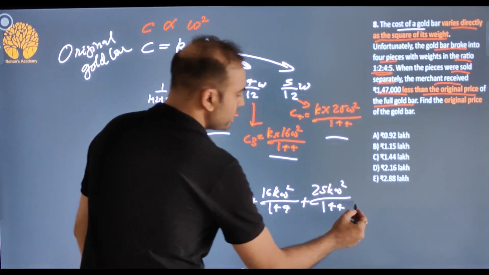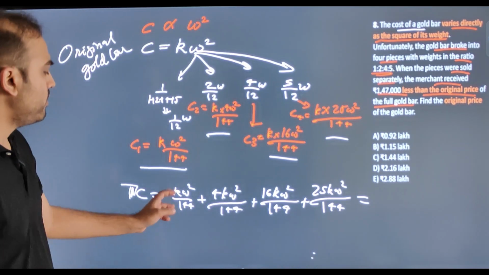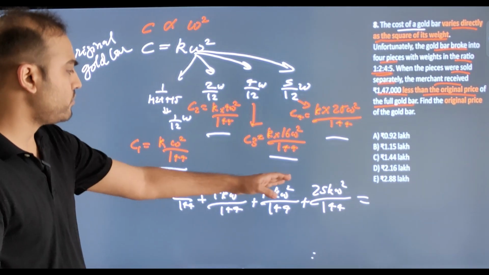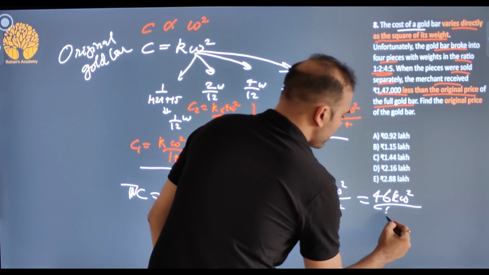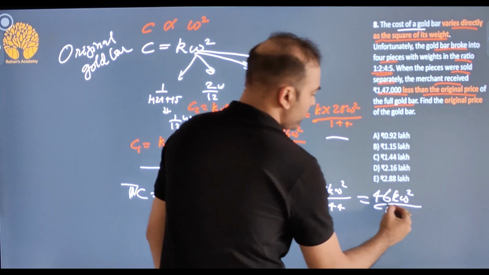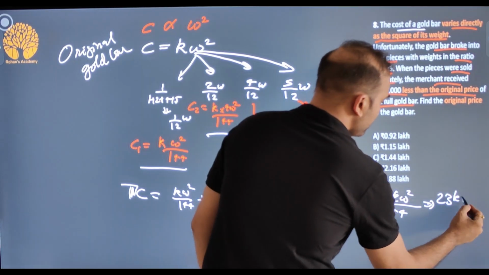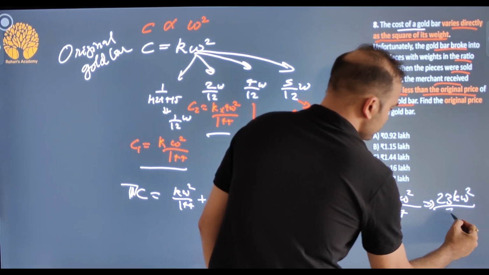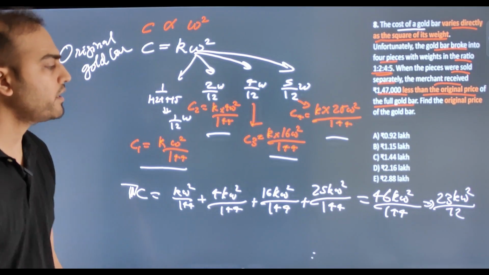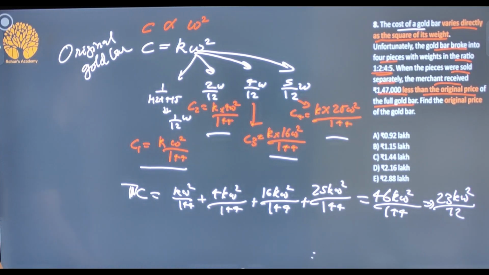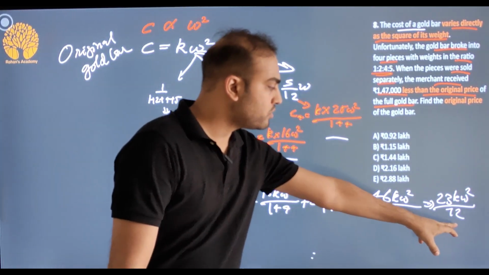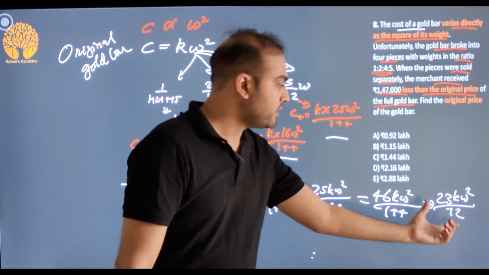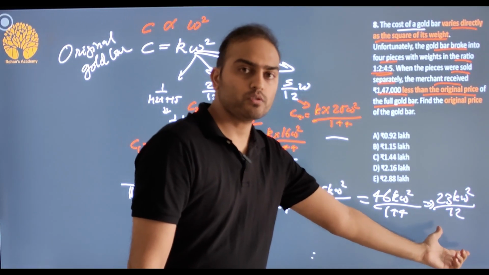If you add all of this, 1 plus 4 is 5, 21, 46. 46 KW square by 144. You can simplify to 23 KW square by 72. So the original value was KW square. The new value of all the pieces combined is 23 KW square by 72.